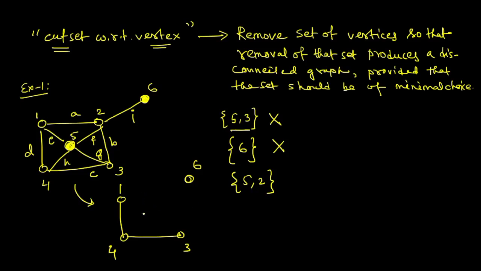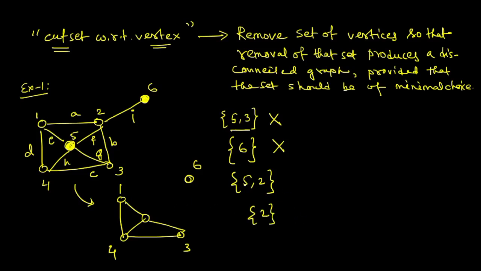Okay, see, you are unnecessarily removing this 5, because if you just simply remove this 2, then what you have, see, if you are removing 2, that means in that case you would have this one along with this, which is a disconnected graph. So simply if you are removing this singleton 2, then it becomes a disconnected graph.